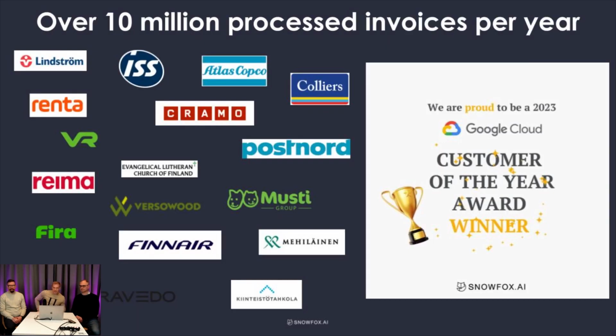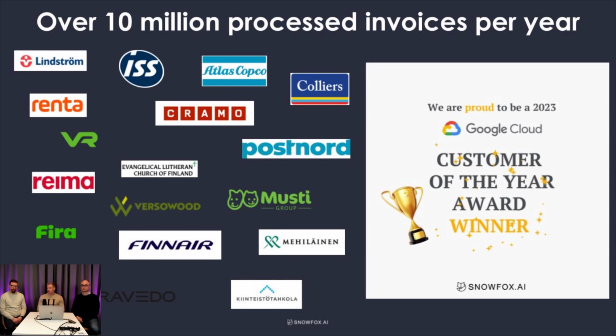Yes, let's move forward. Like Miikka said, we have a little bit outdated numbers here. Today we are processing over 15 million invoices per year. We are working with big corporations, mostly because they are receiving a lot of invoices and there is a lot of manual work that needs to be automated. So that's where we are good. Typically our customers are global companies. They have really complex environments, so that's where the AI is mostly needed.